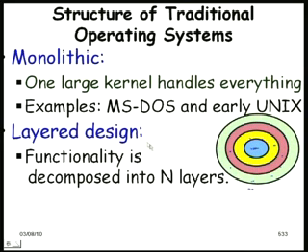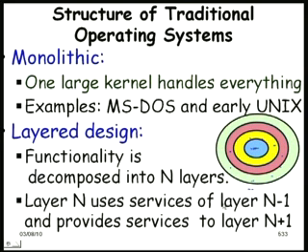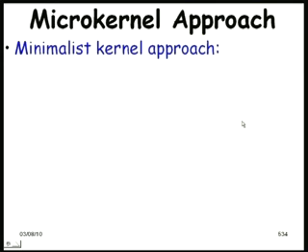Functionality is decomposed into n layers, and each layer provides service to the layer above it and utilizes the service of the layer below it. That was the typical structure of an operating system we studied in the first level course.